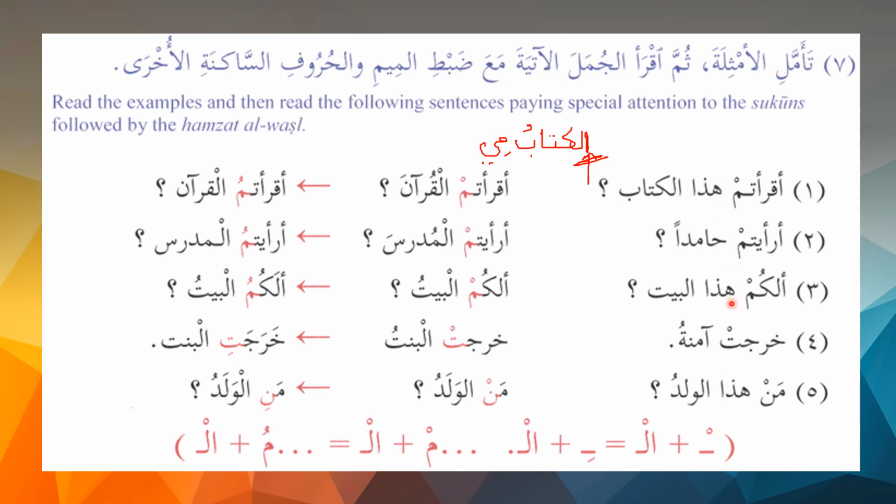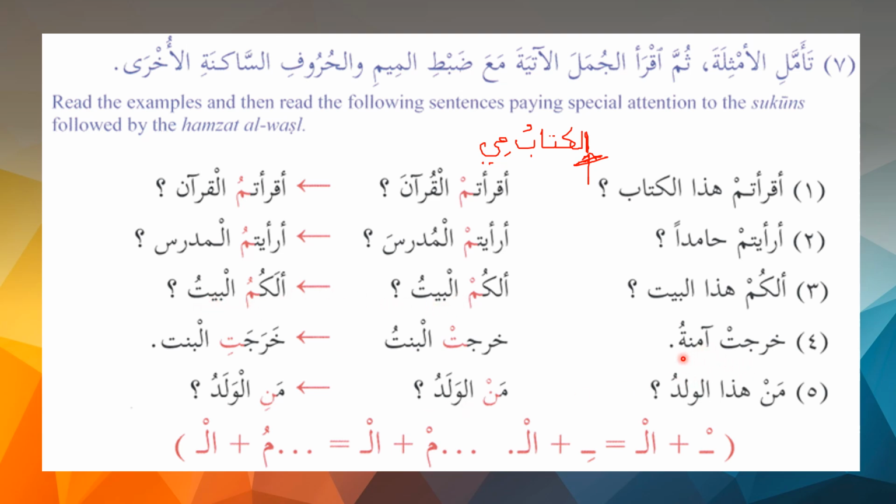There are none. So the rule of iltaqa as-sakinain does not apply here. You will read clearly ara'aytum hamidan, aqara'tum hadha, alakum hadha. So the moment this hamzatul wasl comes in between and the two sakins meet, then the rule applies here. So alakumul baytu, alakumul baytu.